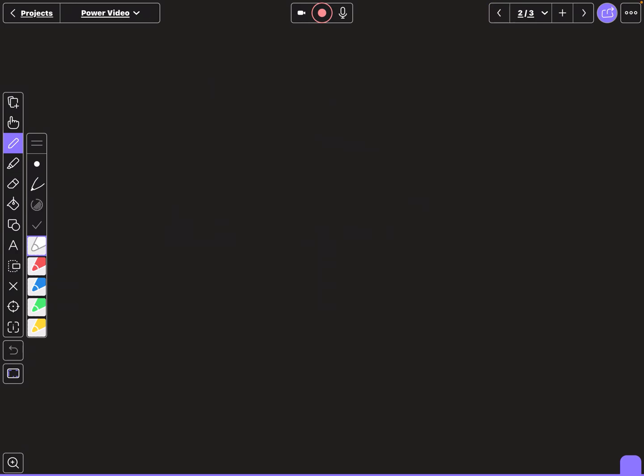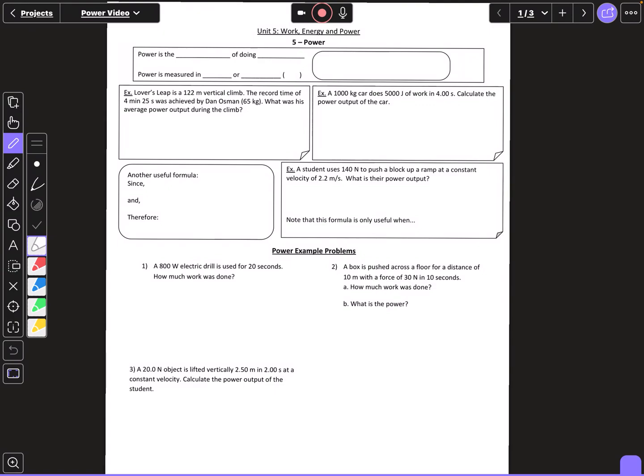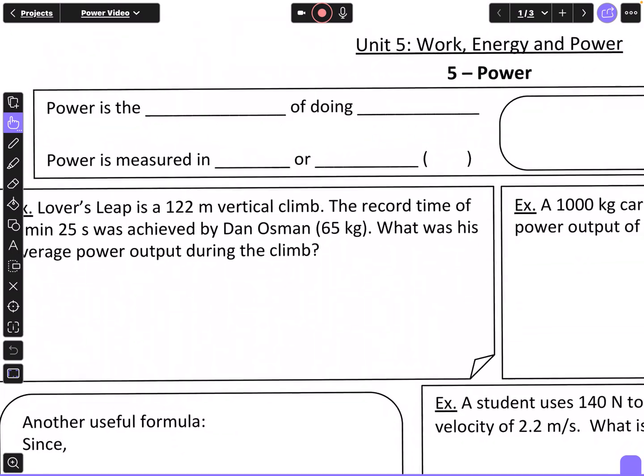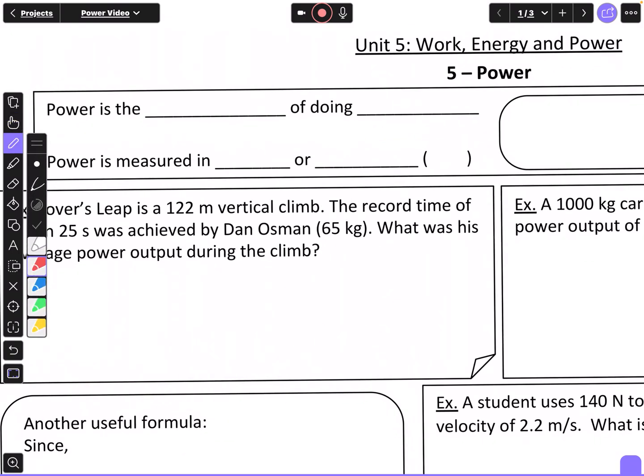And the fourth concept in this unit is something called power. Now, we can define power as the rate of doing work. All right, so if it deals with a rate, we know there's a time aspect to it.